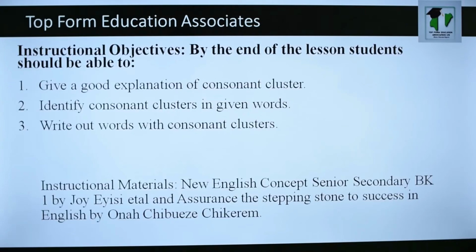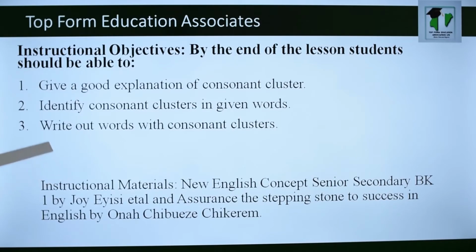So having introduced the topic, by the end of the lesson, you should be able to, 1, give a good definition of consonant cluster. 2, identify consonant clusters in given words. Consonant clusters has nothing to do with what? Sentences. It only has to do with what? Words. 3, write out words with consonant clusters.